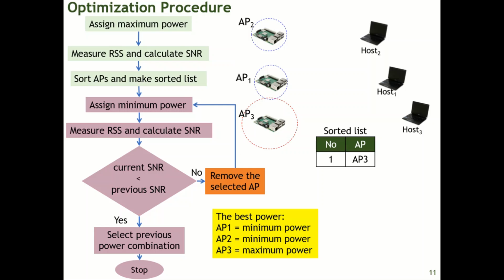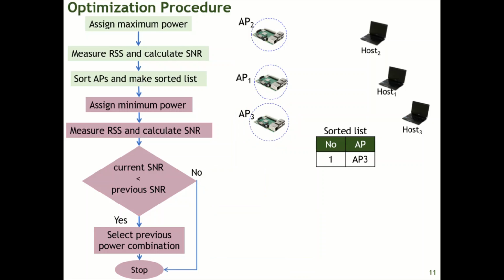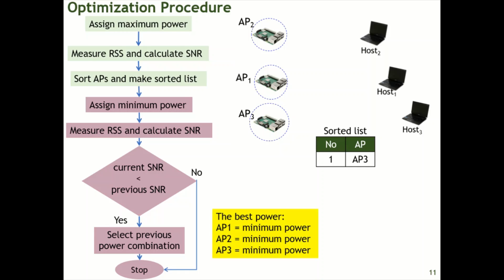For this condition, the best power is minimum for AP1 and AP2 and maximum for AP3. Then if the current SNR is bigger, we stop the procedure and the best power for all APs is minimum power.